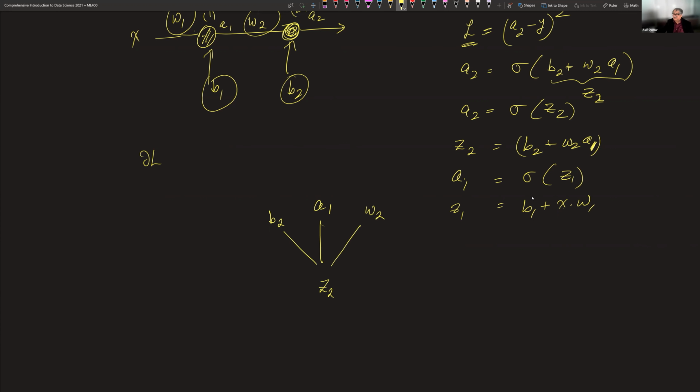Do you see this by formula? These three elements go into this. Does this make sense, guys? And from Z2, you can compute the activation A2. From A2 and the actual data value, you can compute the loss, which is (A2 minus Y) squared. So the loss depends on A2, A2 depends on Z2, and Z2 depends upon B2, A1, W2.